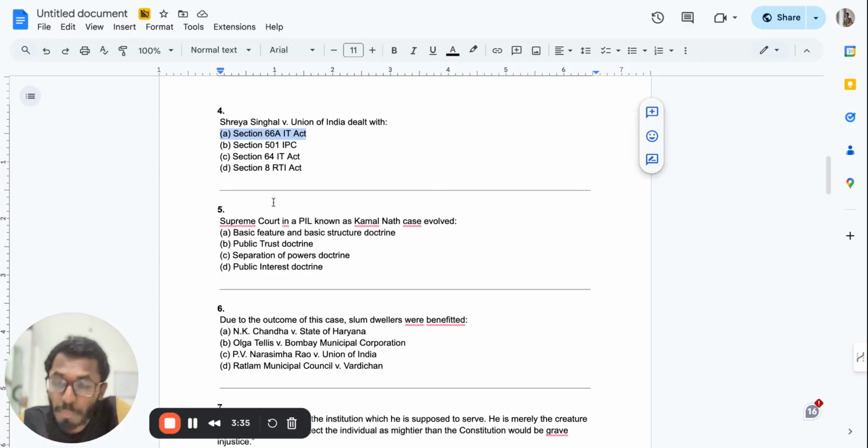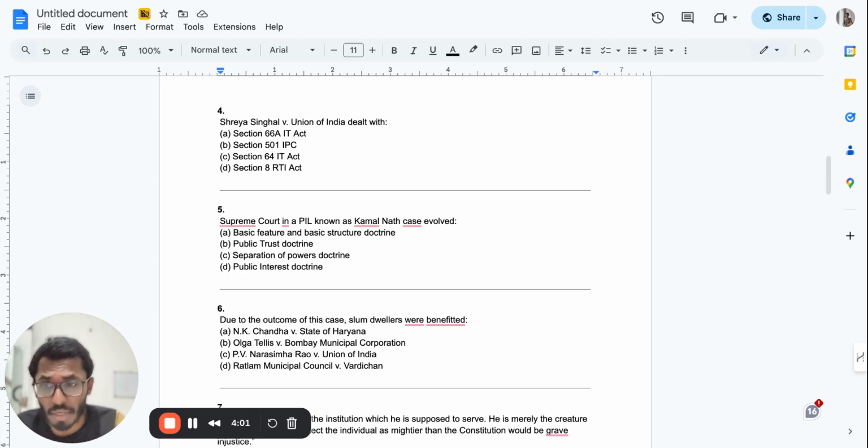Now, the fifth question is about the Supreme Court in a PIL known as the Kamal Nath case, which evolved under what? It was evolved under the public trust doctrine. What do you mean by public trust doctrine? It says that natural resources used for the public, for example dams, lakes, mountains, should be protected.